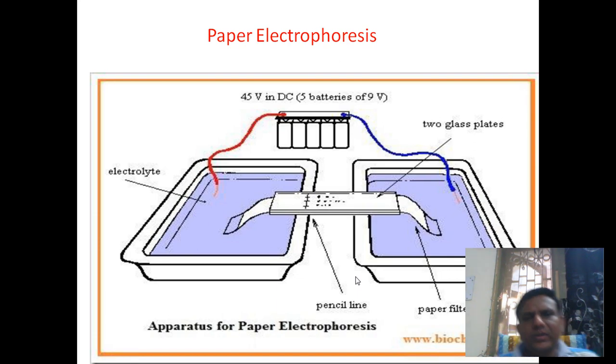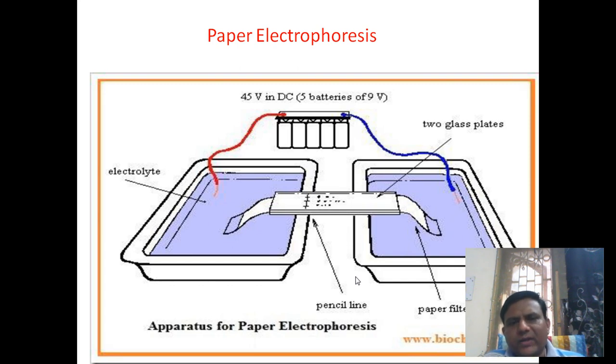Now dear students, I would like to explain first paper electrophoresis. Paper electrophoresis is just like paper chromatography, so first of all I would like to explain what happens during paper chromatography.